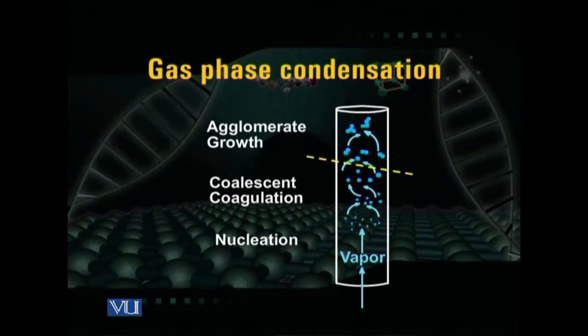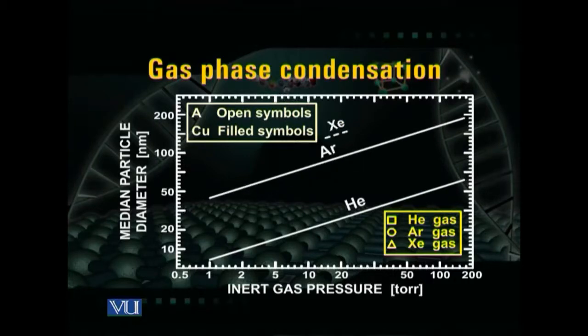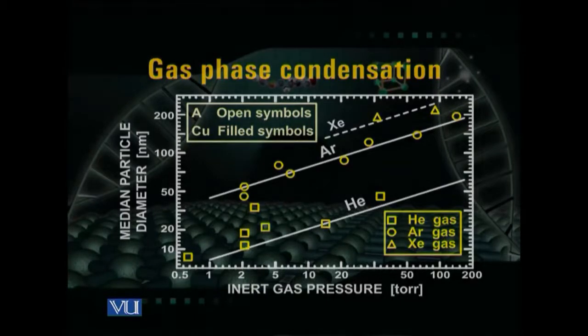And the picture that's shown shows that these are small, get to a particular size, and at any point I can pull off that size. If I let them get too big, well, then they're no longer useful because they've started to agglomerate, but I can control the size of the particle by where it is in the stack. And I can control the size by the density of the gas and the kind of gas. So this is a very useful technique called gas phase condensation.